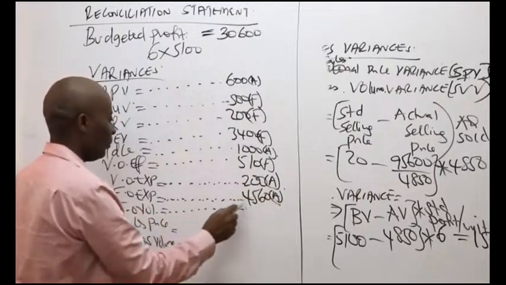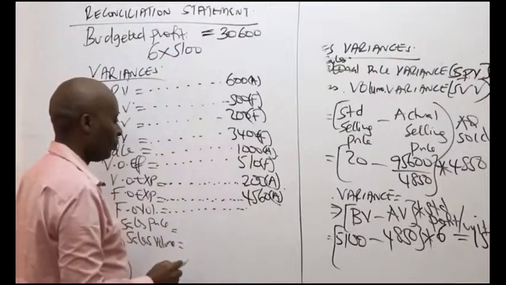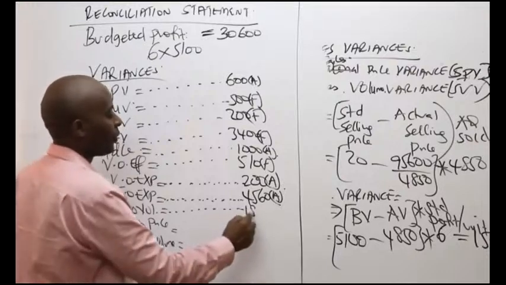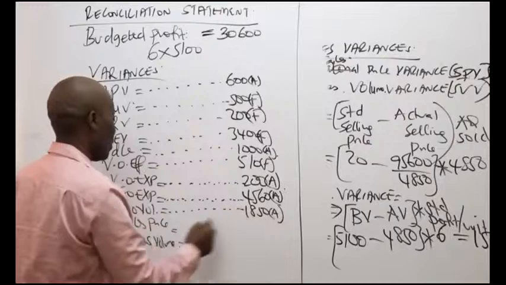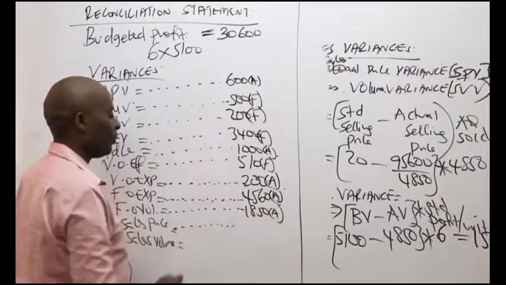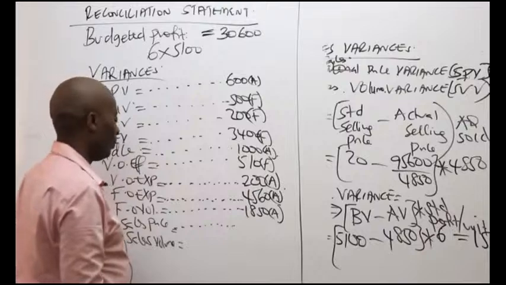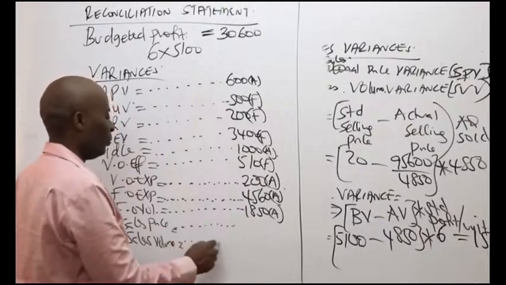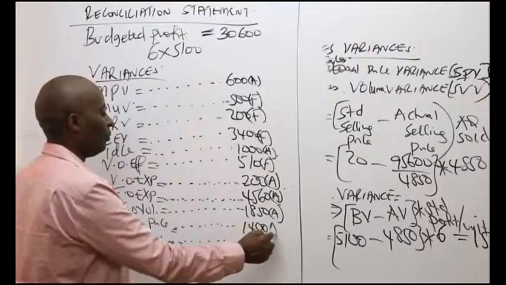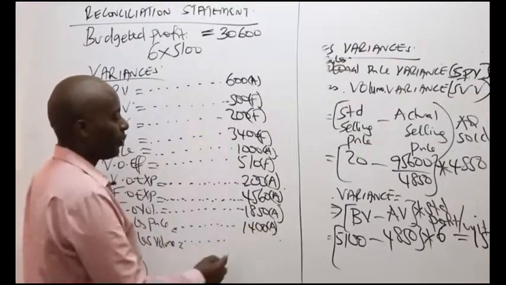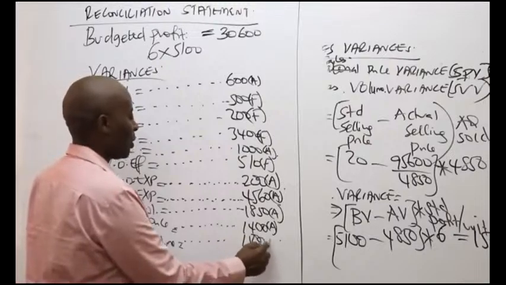Volume. 1,850 adverse. Sales price. 1,400 adverse. Sales volume. 1,500 adverse. Thank you very much.